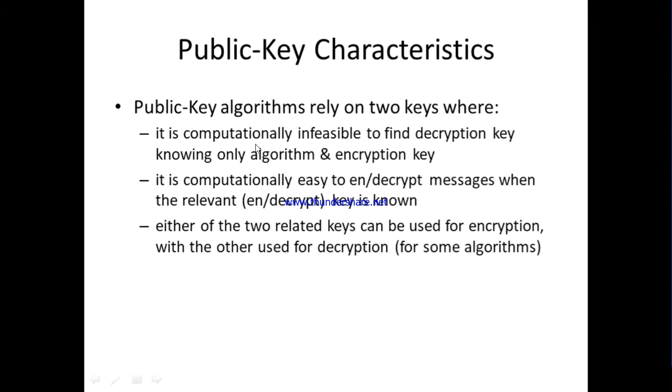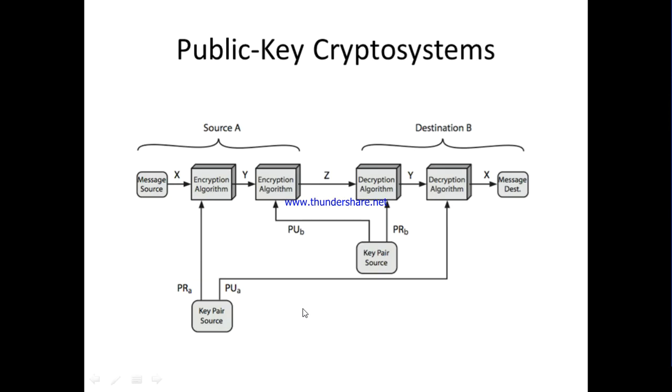Either one of the two related keys can be used for encryption with the other used for decryption. As I told you, if you are encrypting with the public key, you need to decrypt with the private key. If you are encrypting with the private key, you need to decrypt with the public key.